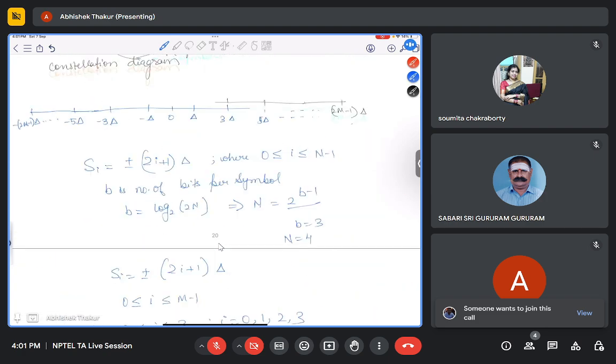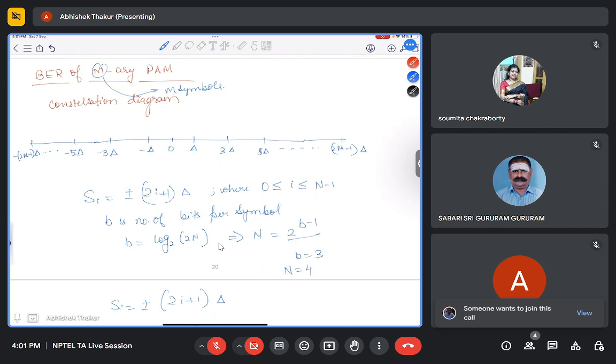Now in the constellation diagram we can see there are two kinds of symbols, the intermediate symbol and the edge symbol. So these are the edge symbols. Why are we considering this?